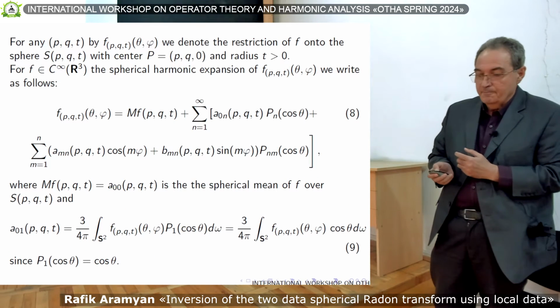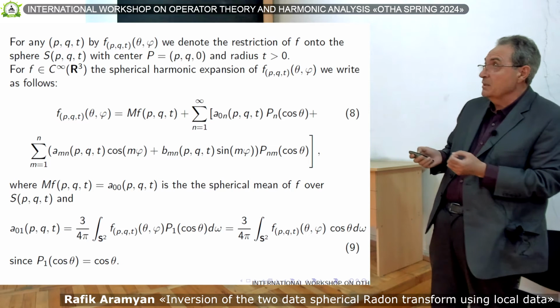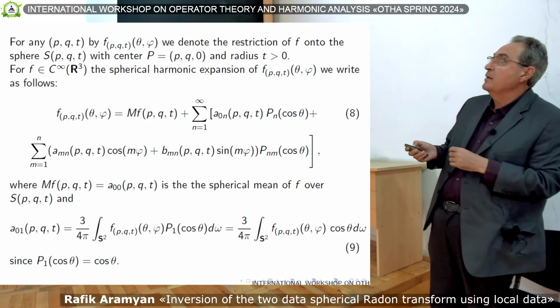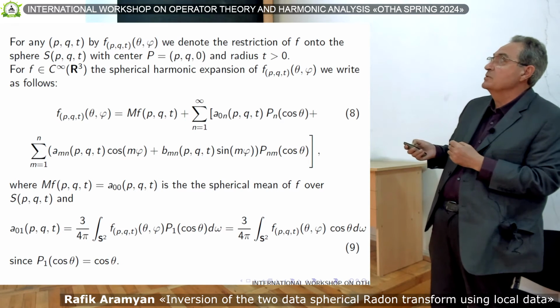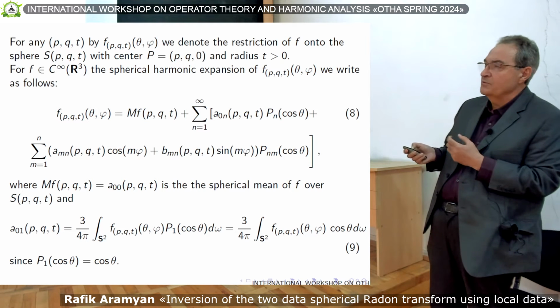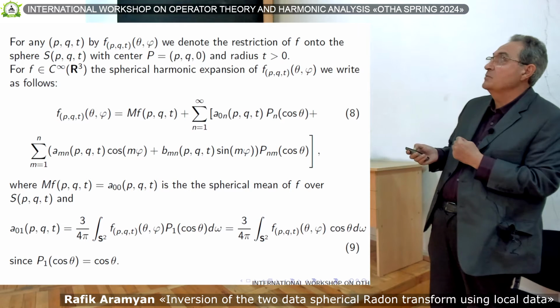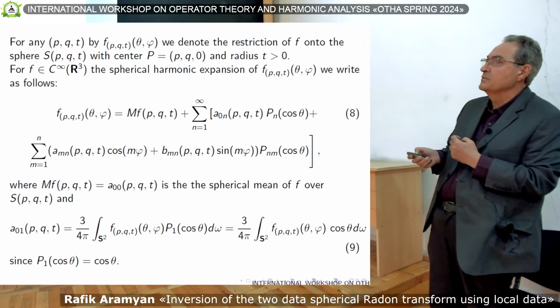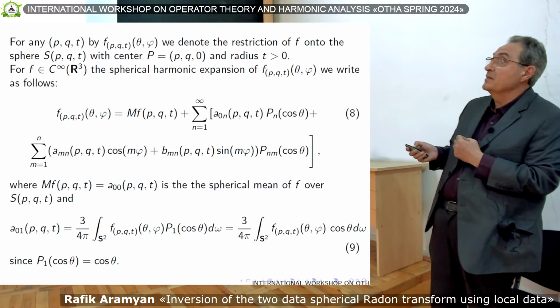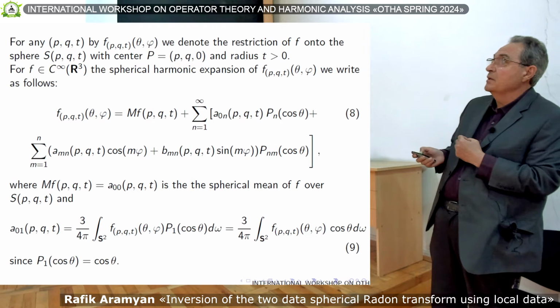To explain the meaning of the parts, let me denote the restriction of f onto the sphere S_PQT in this way. And I consider the spherical harmonic expansion of the restriction as follows.